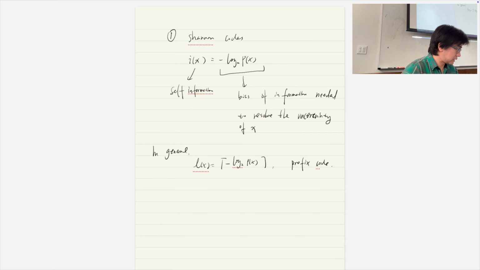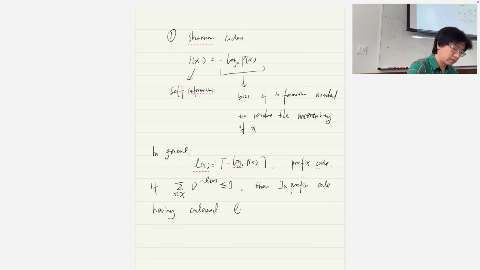Let's write it down first. If the Kraft inequality sum is less than or equal to 1, then there exists a prefix code having codeword length as this.